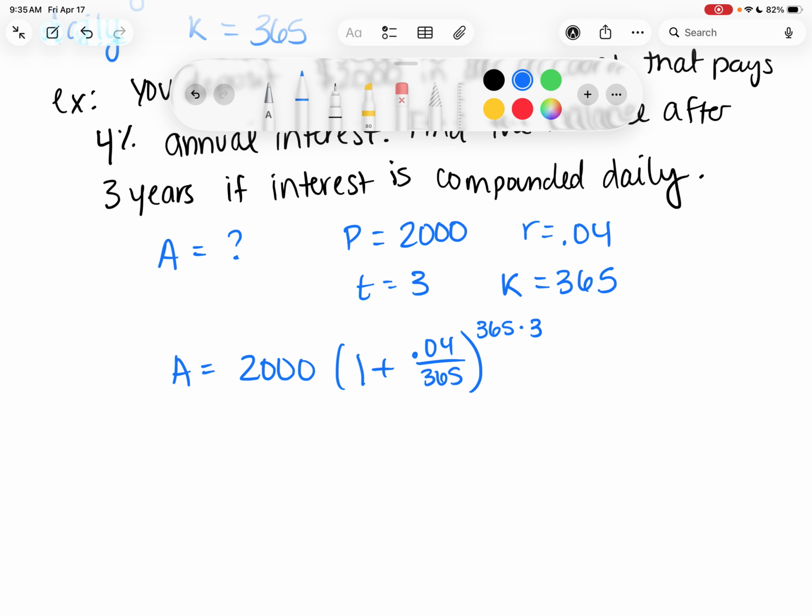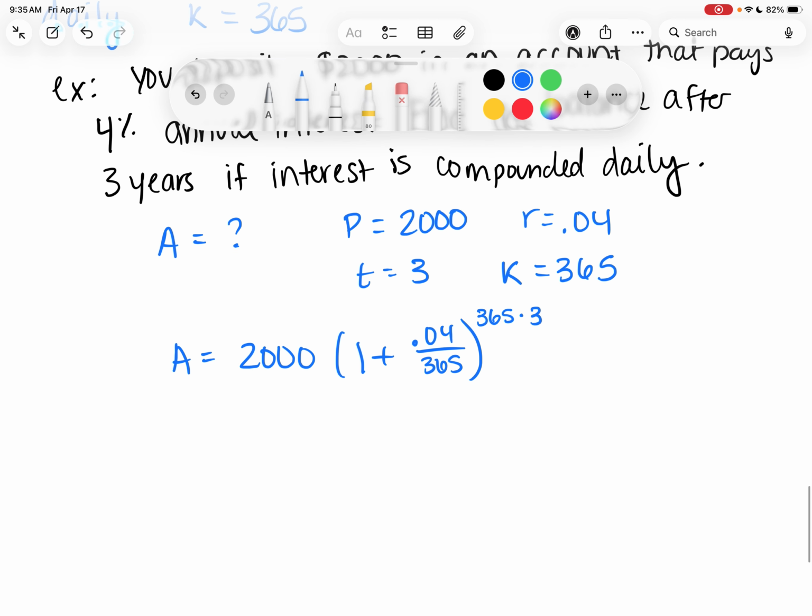If you hit y equals, it brings up a fraction, and you can type in 0.04 over 365. Then hit the caret button to raise it to 365 times 3. You can type it all in as one big thing and then get your answer. If you want to do it all separate, you can, but make sure you use the numbers. Do not round until the end.